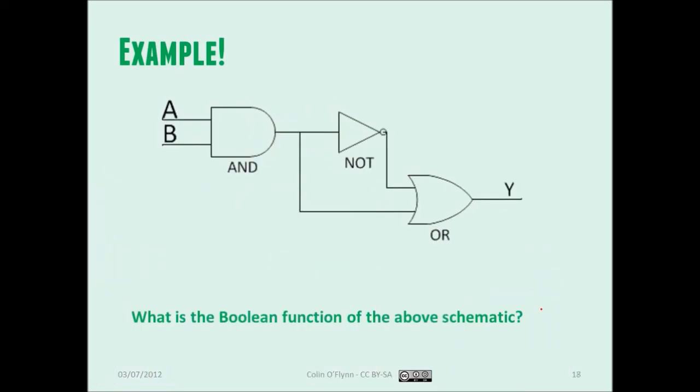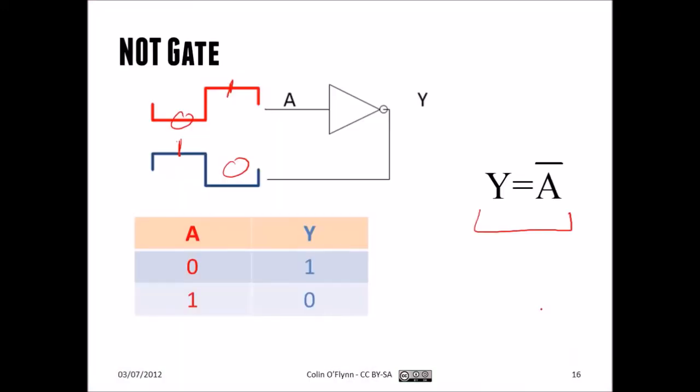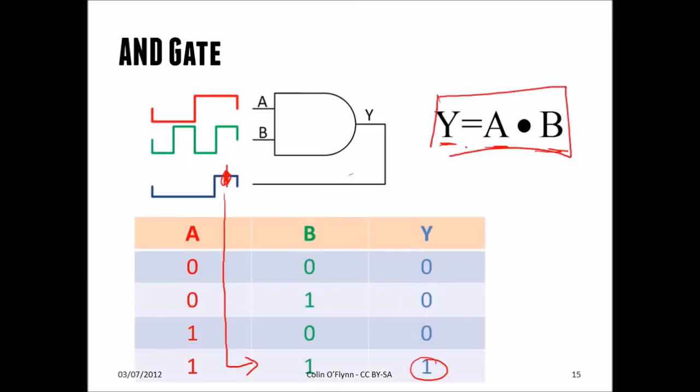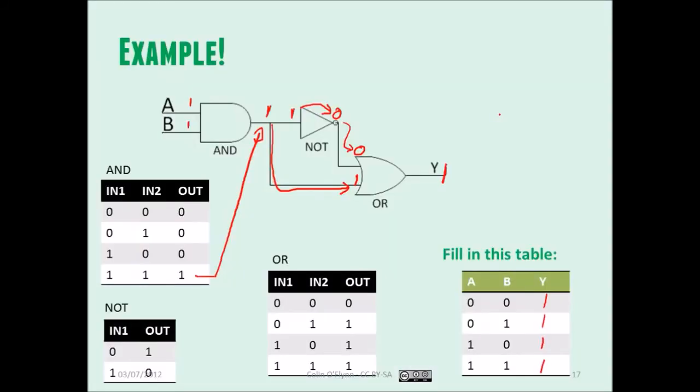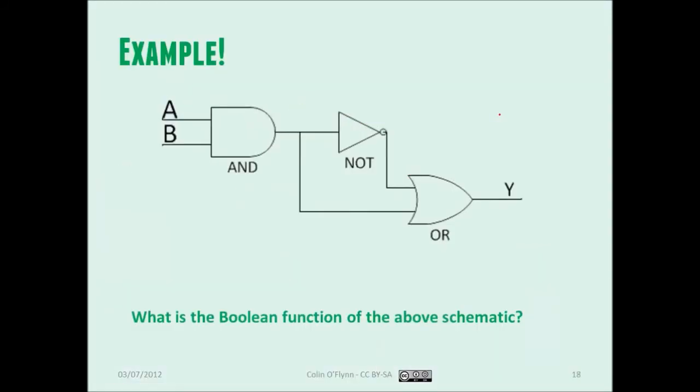So you can also directly write the Boolean function. And so the Boolean function is using these, so using y equals not A, y equals A and B, y equals A or B. And to do this, you just look through it very slowly. So, for example, we have A and B, so that's the output there.